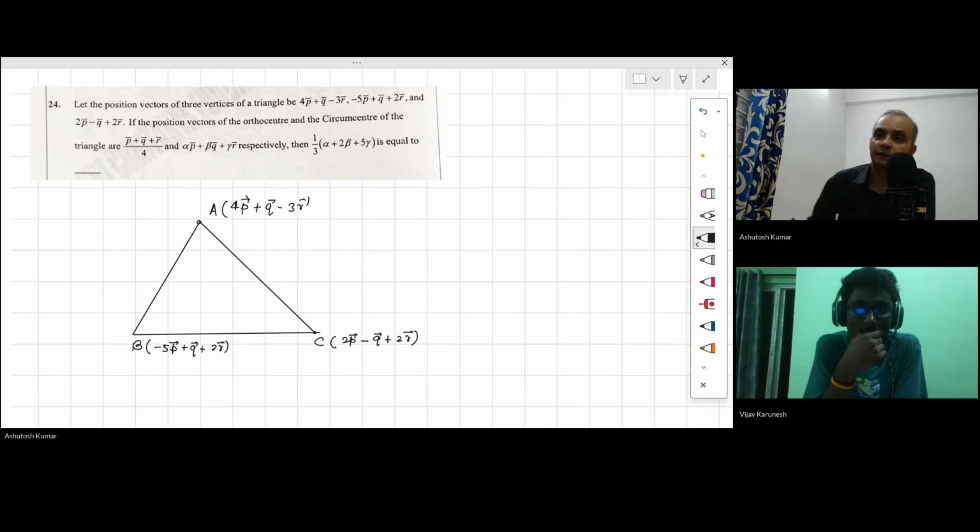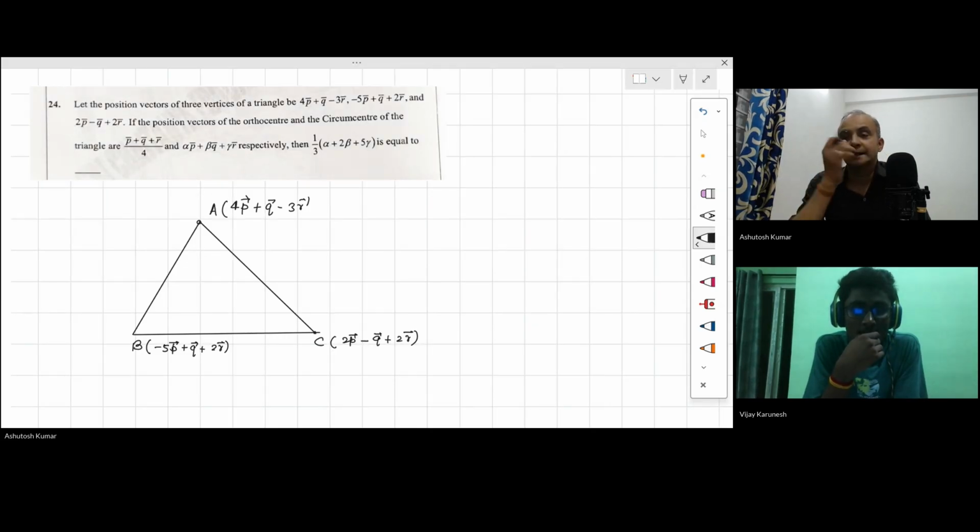Now, if the position vectors of the orthocenter and the circumcenter of the triangle are this and this respectively, then find this value. So basically we have to find the orthocenter and the circumcenter by using this fact. After that we can compare.